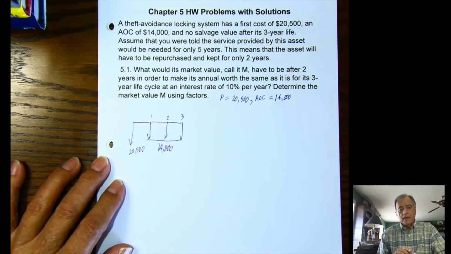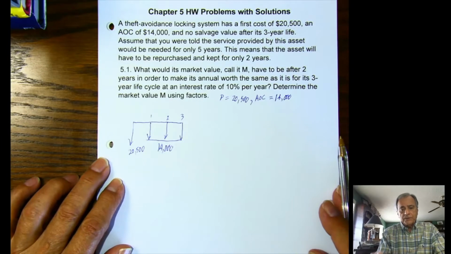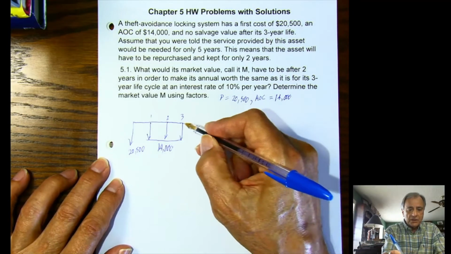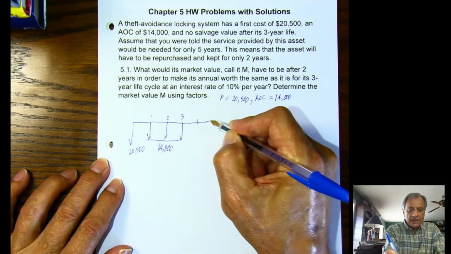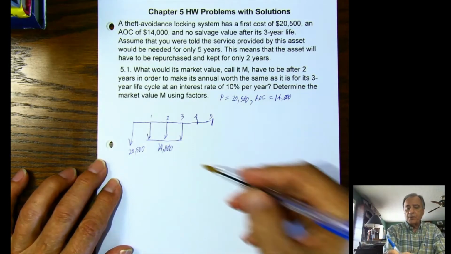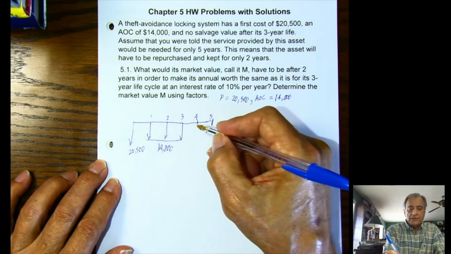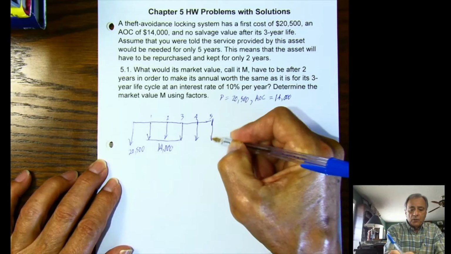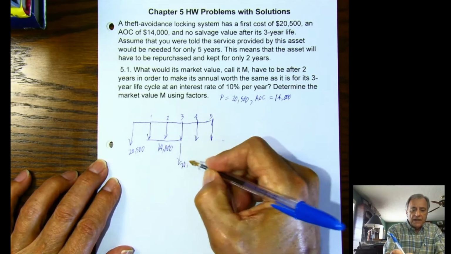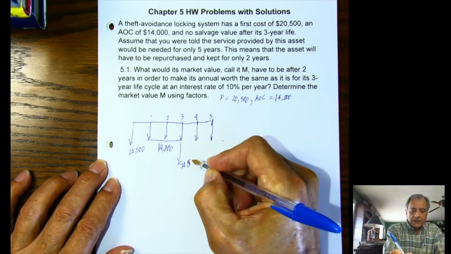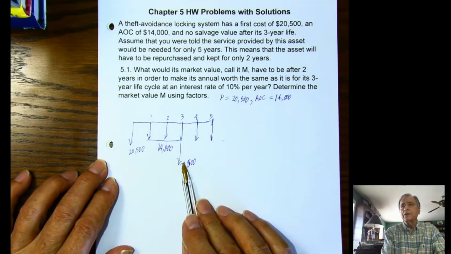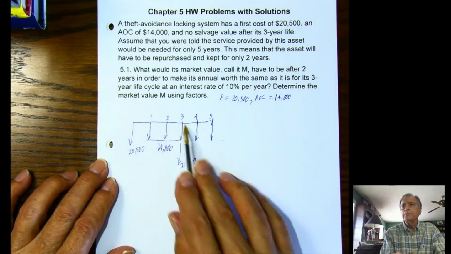But now the author says you need to rebuy it to start years 4 and 5. And of course your operating costs will still be $1,400 a year, but when you rebuy the asset, that's an extra $20,500 at the beginning of year 4, which is the same as the end of year 3, so it's placed right here at time 3.